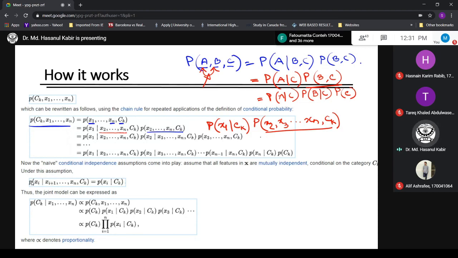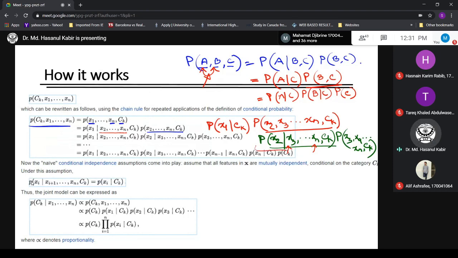Again, similarly, I can write probability of x2 given x3 and x4 up to xn and class, times the probability of the other terms, that means probability of x3, x4 up to xn and class. This is what you can do. And again, if I look at this particular term over here, x2 has nothing to do with x3 up to xn.